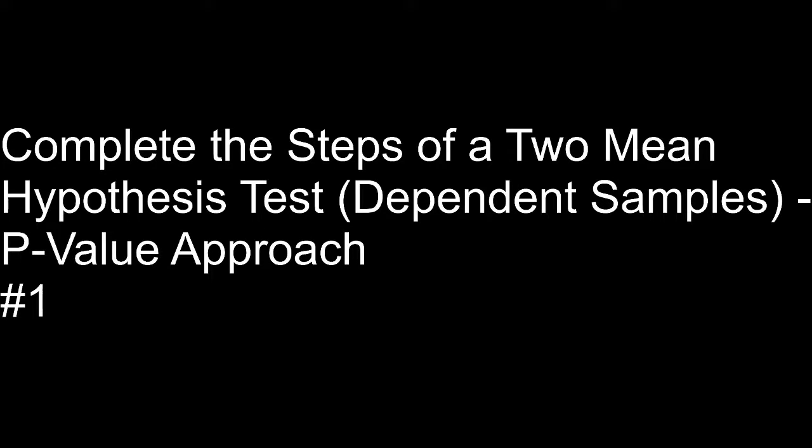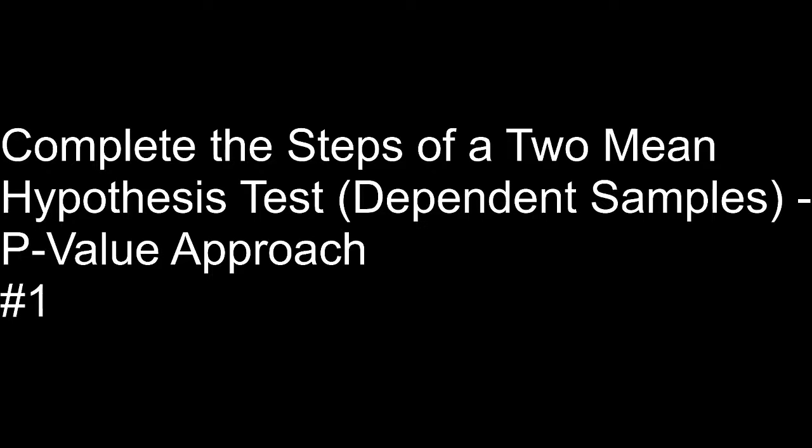This video is on the objective: complete the steps of a two-mean hypothesis test. This is with two dependent samples, with the paired data. And remember, when you have the paired data, we're going to end up taking two samples and turning it into one sample of differences, and then really doing a test about one mean, the mean of those differences.